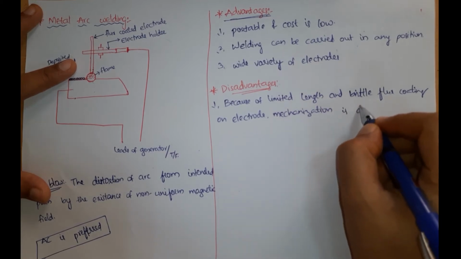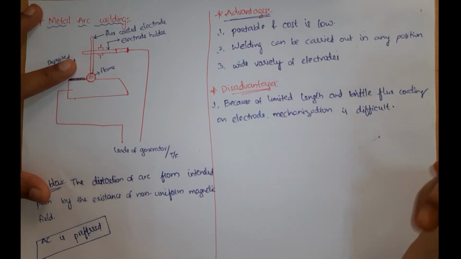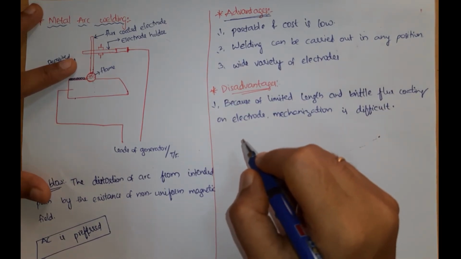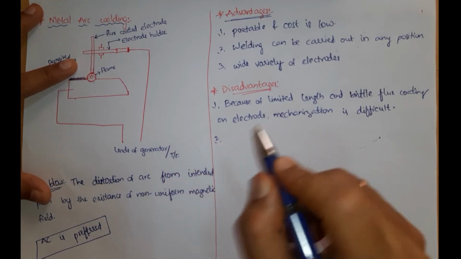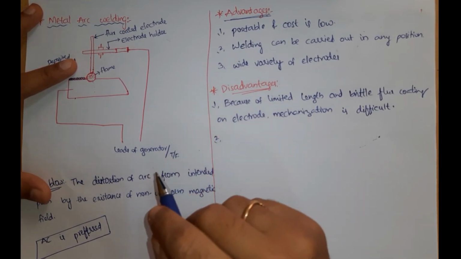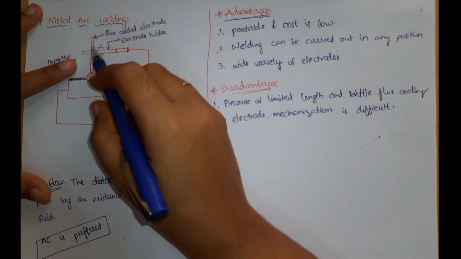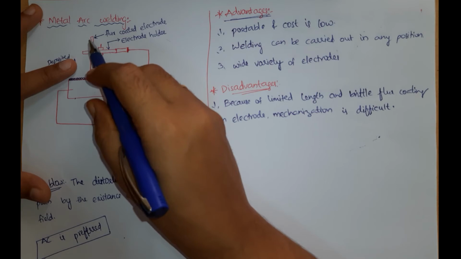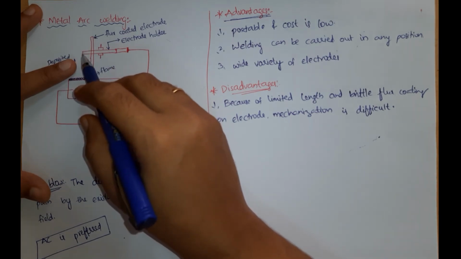So there must be continuous monitoring and continuous replacement of the electrode. Why? Because its length is very small. Also, in case of very long joints, if you want to weld a very long weld, the electrode length is limited. That means after the completion of this filler material, you have to replace this electrode, right?